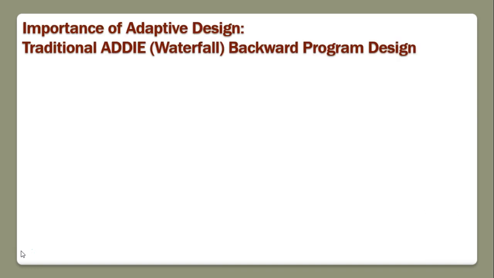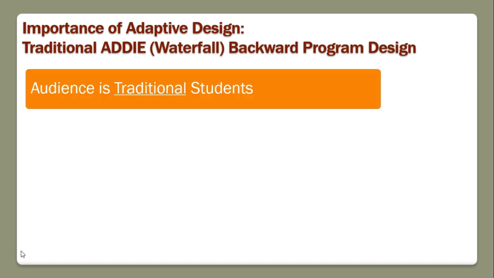So, while ADDIE is kind of the foundation because it explains all the steps, traditional ADDIE follows what's called Waterfall project management and backward project design, and it really fits a particular situation. The way Waterfall works is, you start with an audience, and in your analysis, it's often used where you're designing for traditional students. So that's very different than non-traditional students, adults.